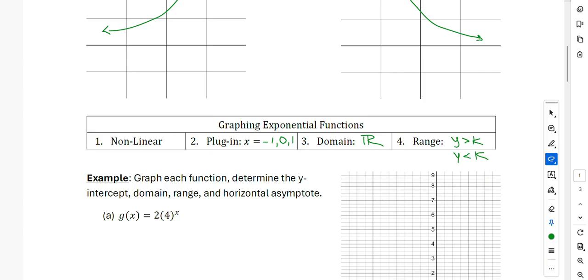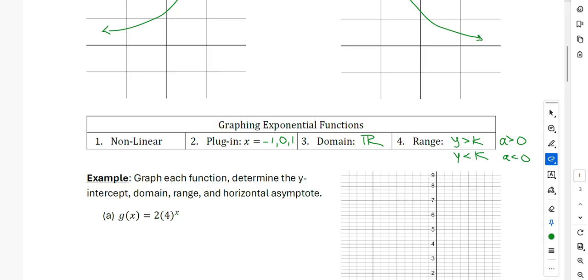That horizontal asymptote at k cannot be crossed. How do we know which one it is? It will be bigger than k if a is positive. So if that number in the front is positive, it'll be bigger than k. And the opposite will be true for less than k.